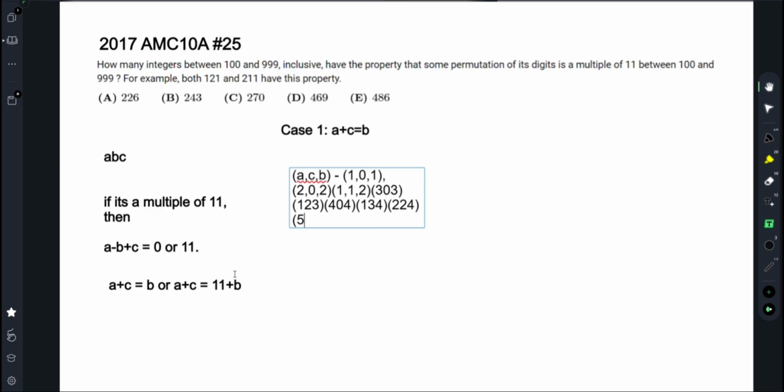So for 5, 505, well, okay, and then 145, then 235, down to the 6s, 606, 516, 426, 336, 707, 617, 527, 437, 808, 718, 628, 538.